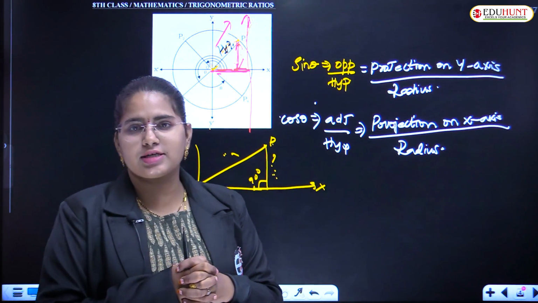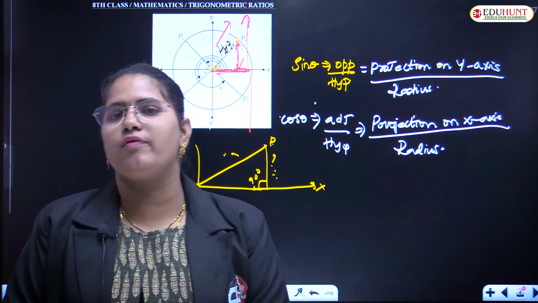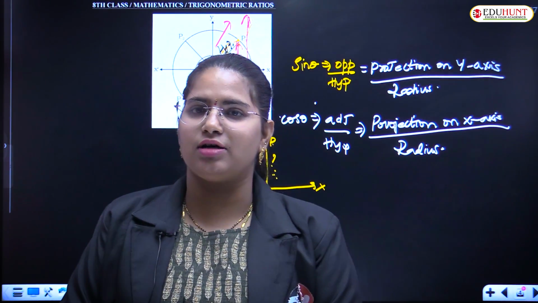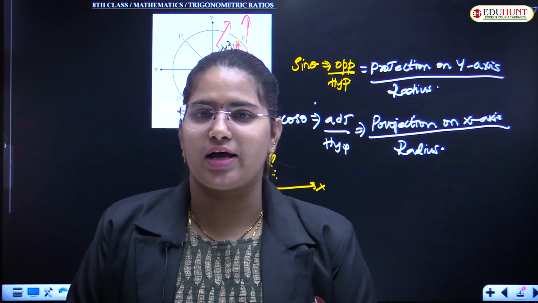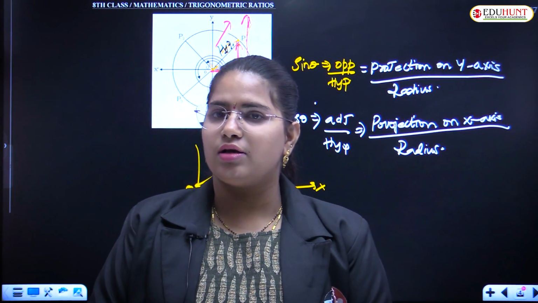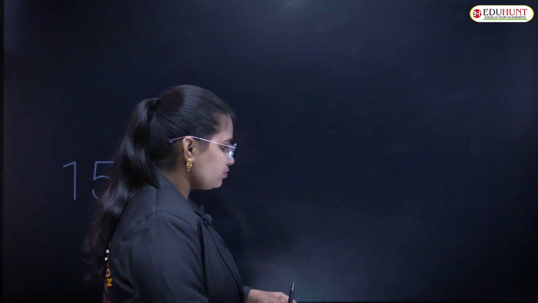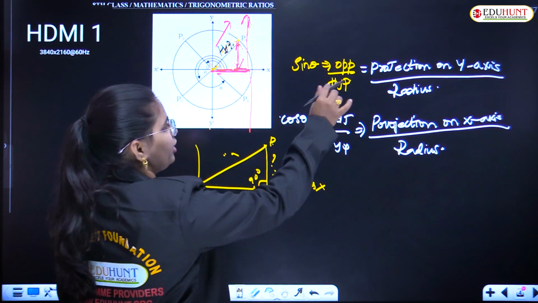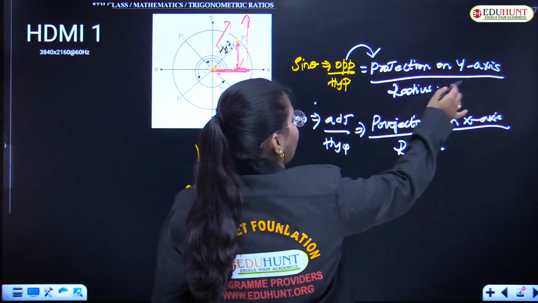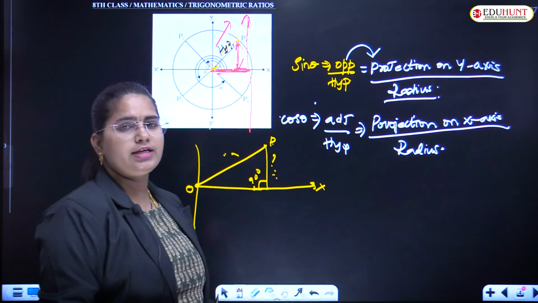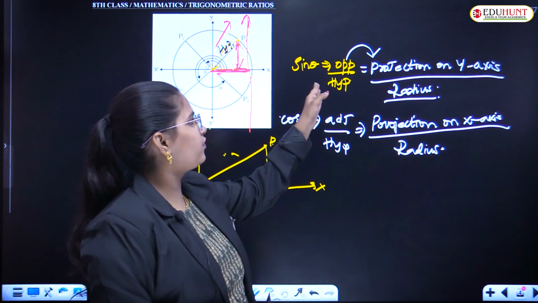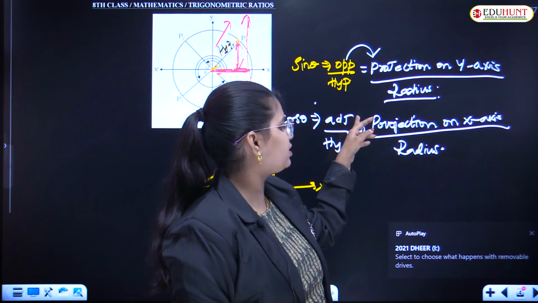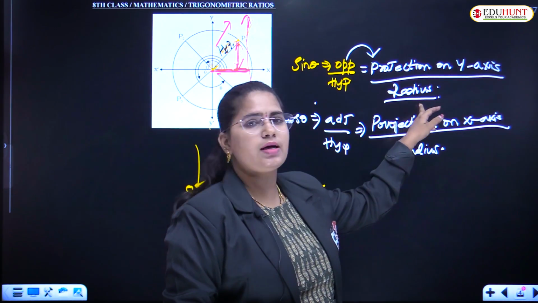In the last class, I told you the definitions of sine theta and cosine theta, and how they are renamed in the circle. Sine theta, which I gave you as opposite upon hypotenuse, is changed to projection on y-axis upon radius.